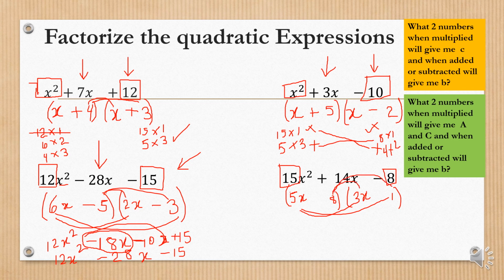So 5x by 3x is going to give me 15x squared. 5x by 1 is going to give me 5x. Right, and now we're going to work out 8 by 3 is giving me 24x. And 8 by 1 is giving me 8.